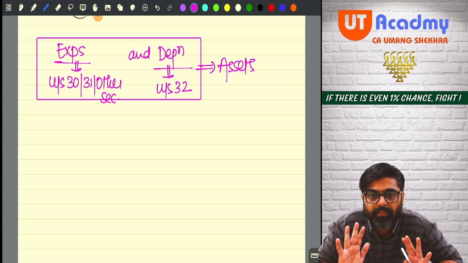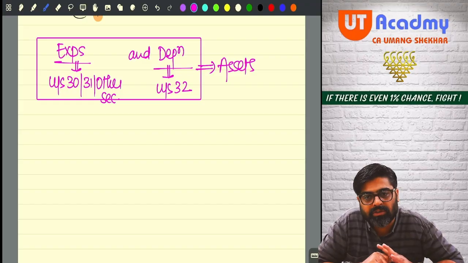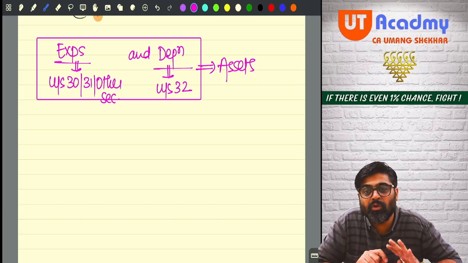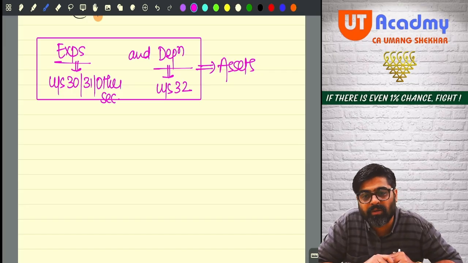Will you remember? So for example, repair cost of motor car. Motor car is a plant and machinery. So repair cost of motor car will be allowed as a deduction under section 31. Entire repair cost can be claimed as a deduction, provided the motor car has been used only for business or profession. But if for 1/3 period, the motor car was used for personal purpose, then the entire motor car expense cannot be claimed as deduction.